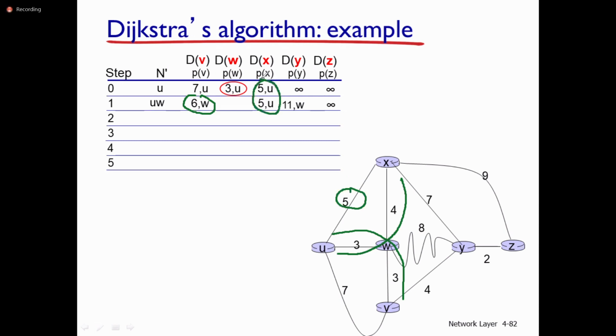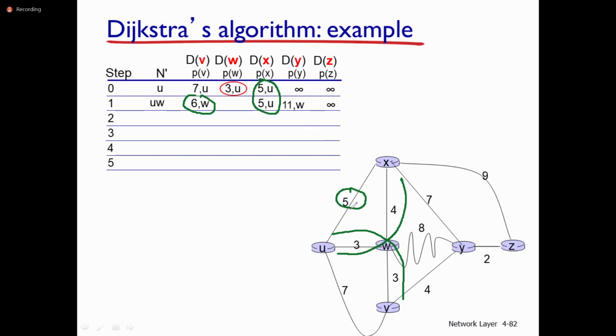Instead of going through W, you can directly go to X. The cost is 5; going through W, the cost is 7. So the least is 5. We will continue with the same path.